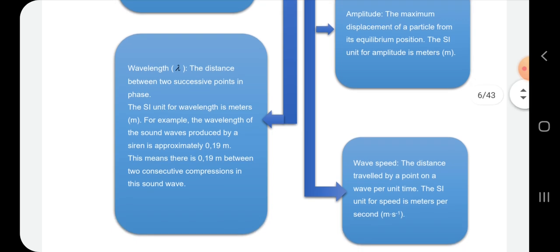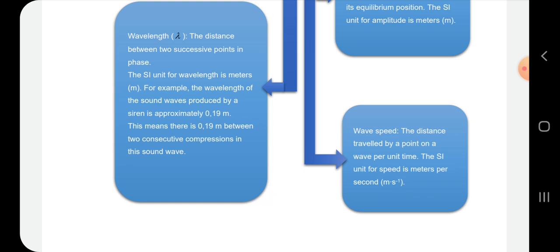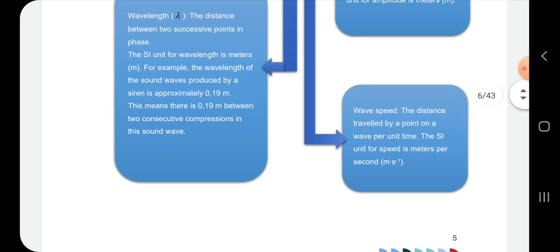Anything with meters is amplitude. Wavelength is the distance between two successive points in phase, and the SI unit is meters as well. Wave speed is the distance traveled by a point on a wave per unit time, and the SI unit for speed is meters per second.